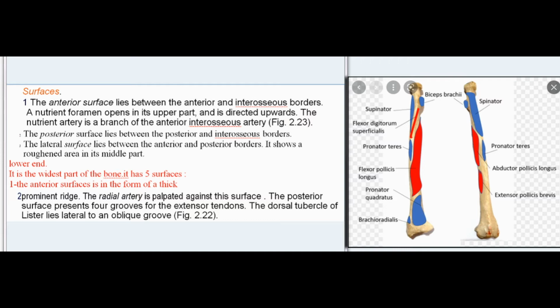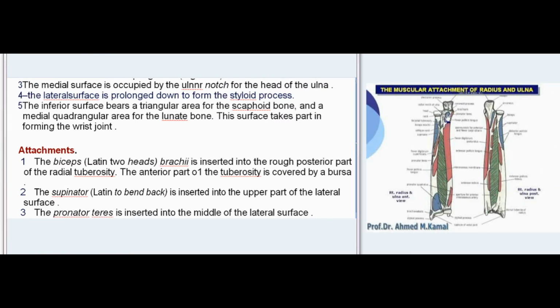Lower end. It is the widest part of the bone. It has 5 surfaces. 1. The anterior surface is in the form of a thick, prominent ridge. The radial artery is palpated against this surface. 2. The posterior surface presents 4 grooves for the extensor tendons. The dorsal tubercle of Lister lies lateral to an oblique groove, Fig 2.22. 3.